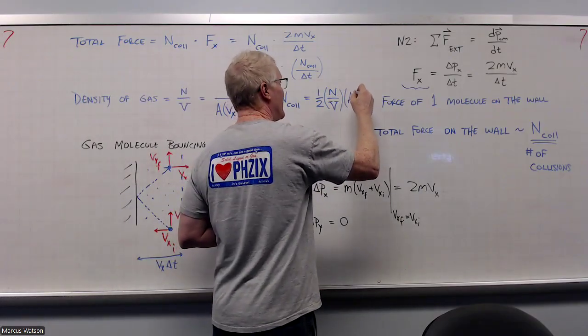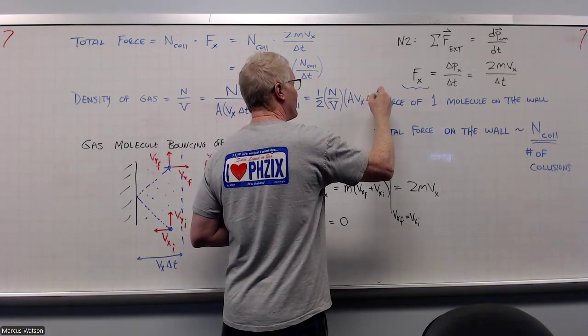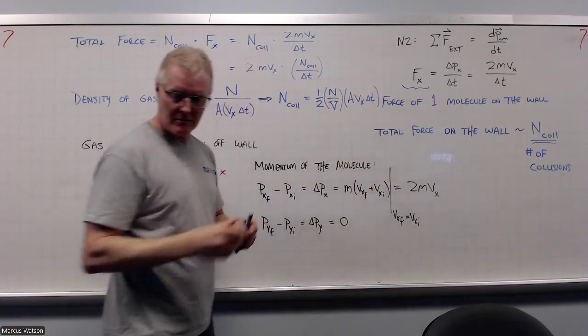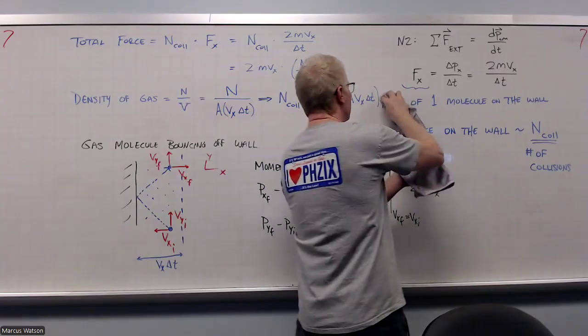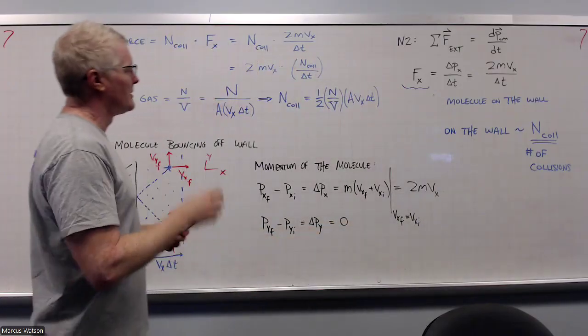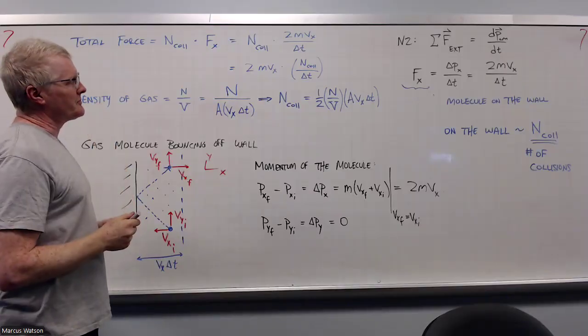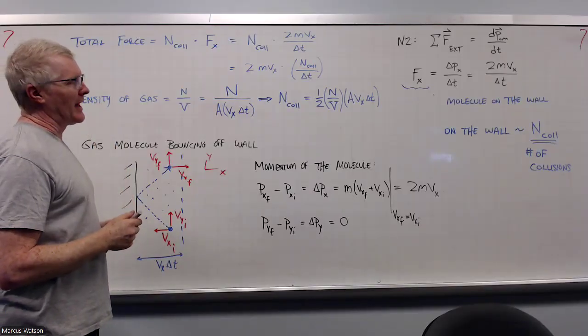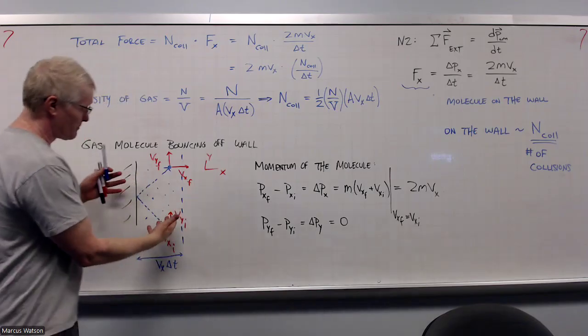This A times Vx delta T. That should be the number of collisions.